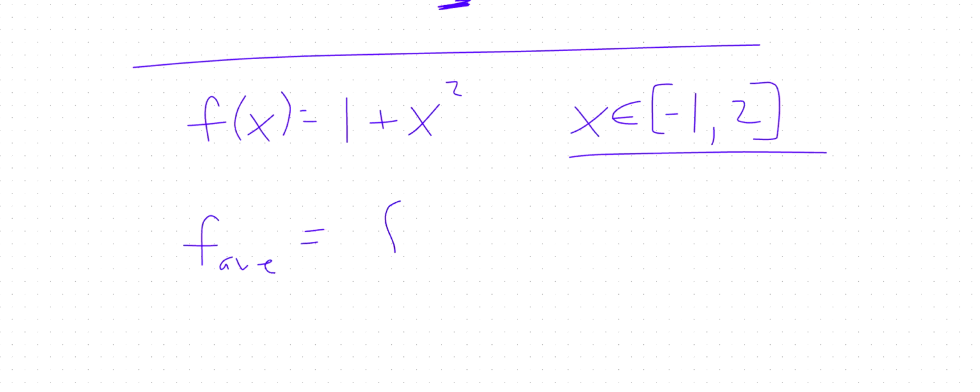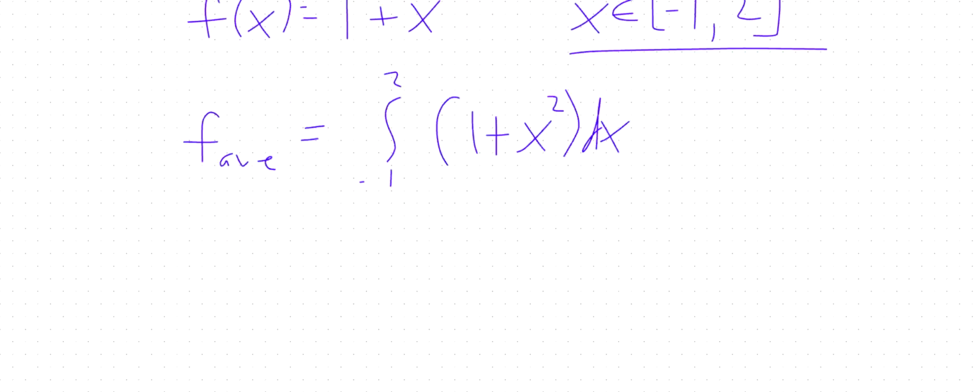So going from -1 up to 2, 1 plus x squared, and then our dx. Fairly basic. Oops, sorry, almost forgot: 1 over 2 minus negative 1. So 1 over 2 plus 1, and then we do our integral.